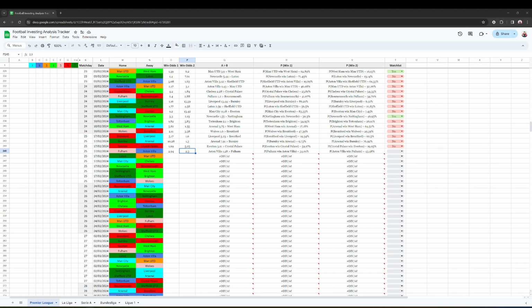But having said that, I'm looking at the table at the moment. They are 6th in the table if you consider away games. Fulham at home, 8th in the table, also doing good. Aston Villa favorites. I think it's fair. It's fair odds.